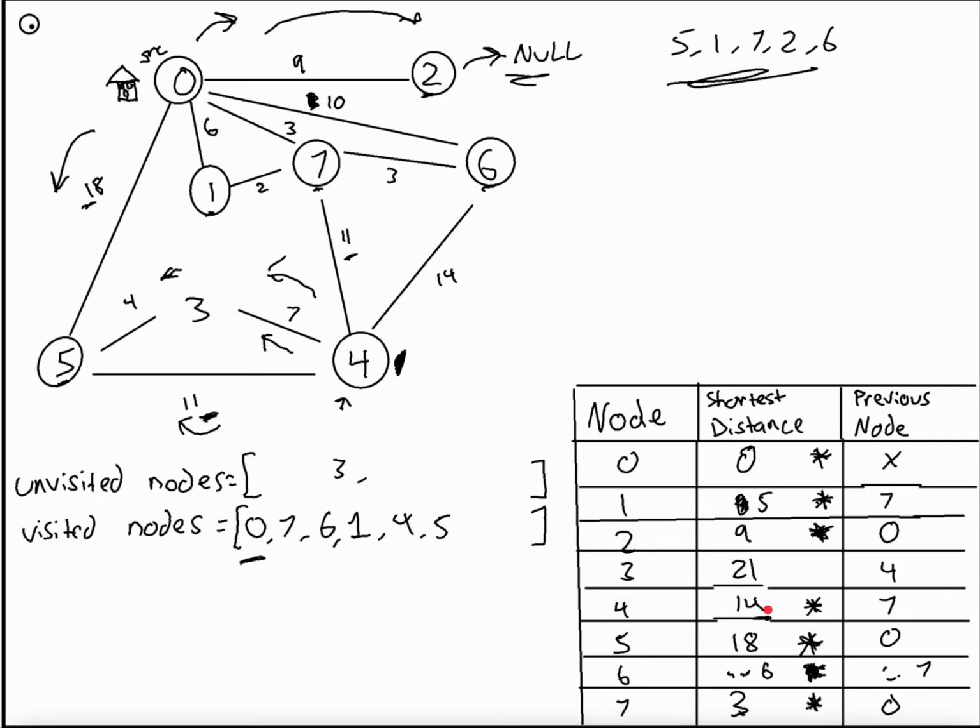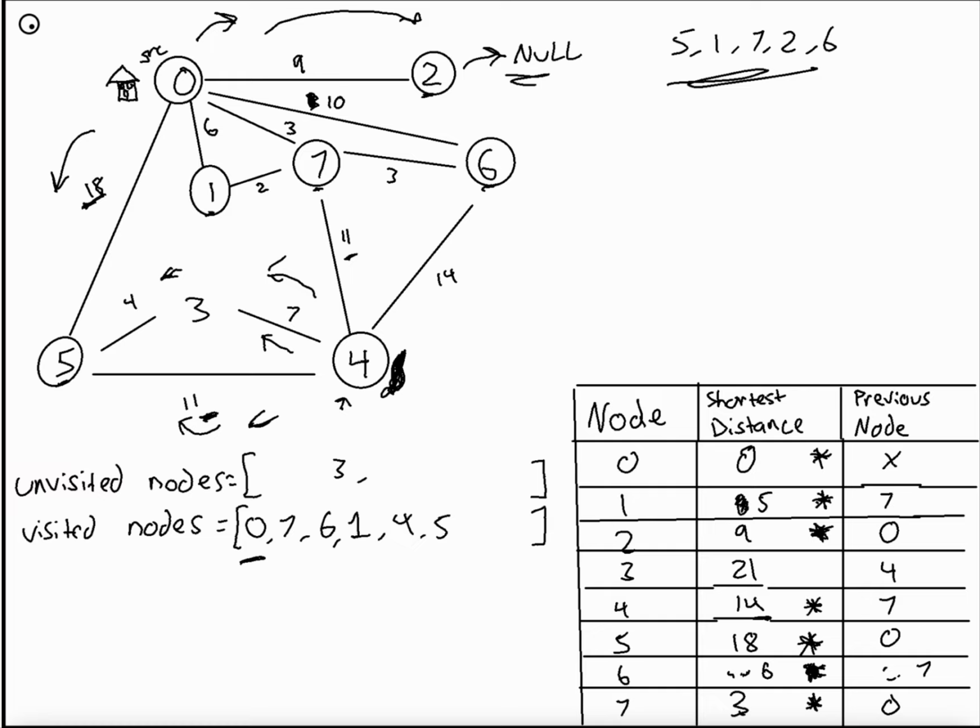So it took us 14 to get to vertex 4, plus another 7 is 21, and then 25 to get to 5, which is not better than 18. Similarly, it takes 14 to get to vertex 4, and then we add this 11, so 25, it's also the same. So 25 is not going to be better, so we don't update anything.